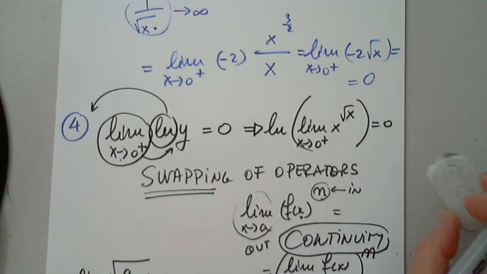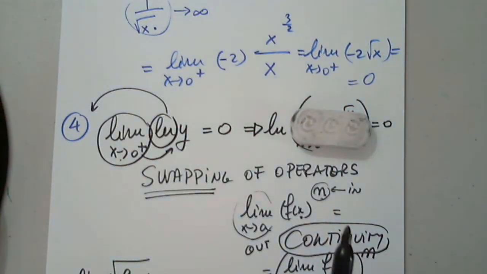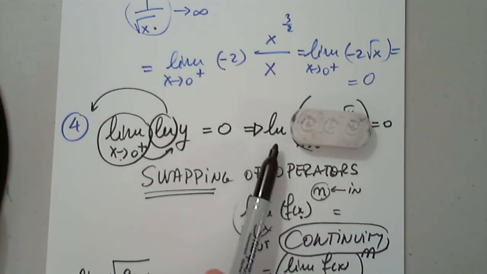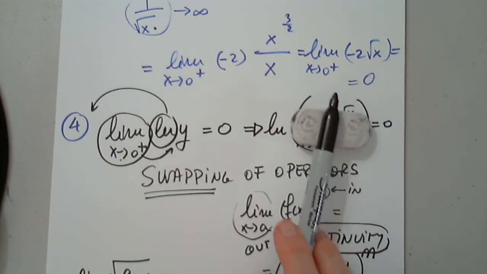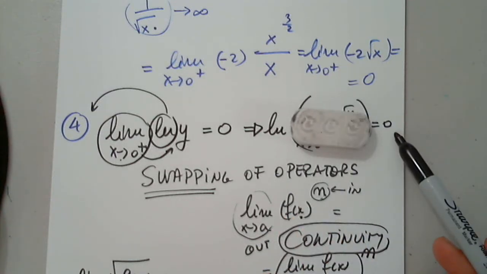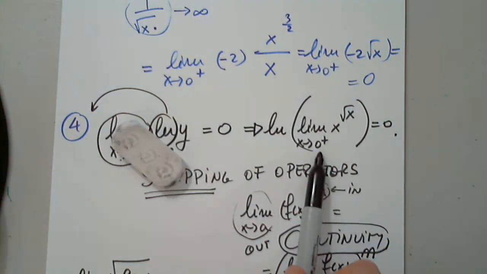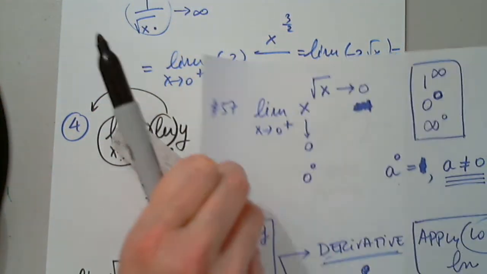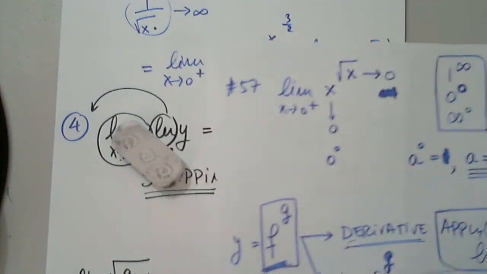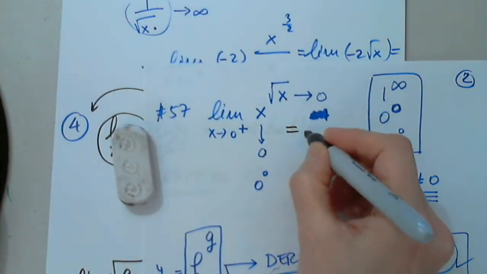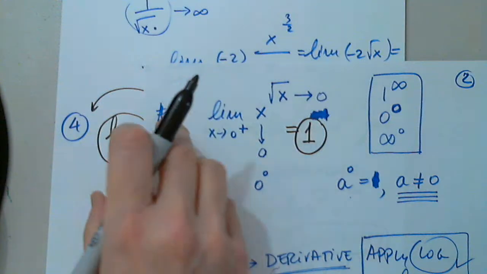And now I'm going to ask you, log of what is 0? One. Of 1. So therefore this limit, we can say now with no doubt that it happens to be 1.